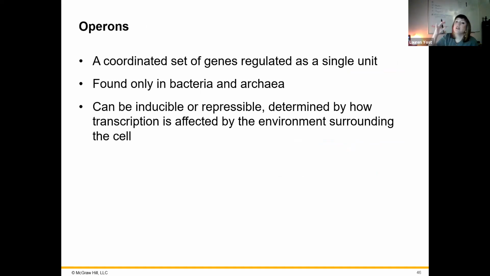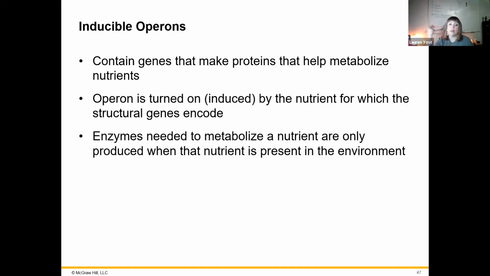Right. So bacteria have these things called operons, and these are only in bacteria and archaea. They can be inducible or repressible, depending on the environment of the cell. Inducible operons are usually associated with making proteins that help metabolize nutrients.